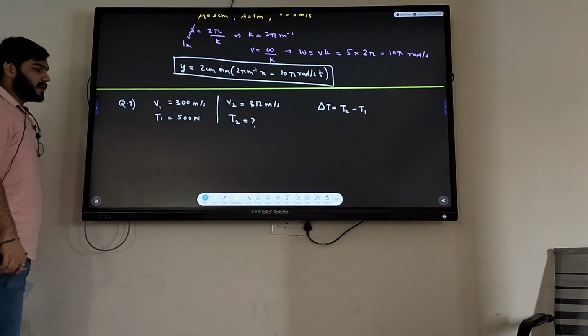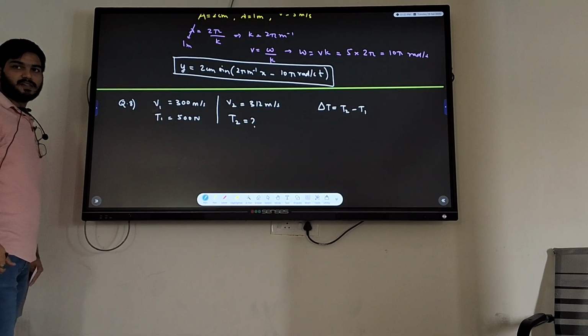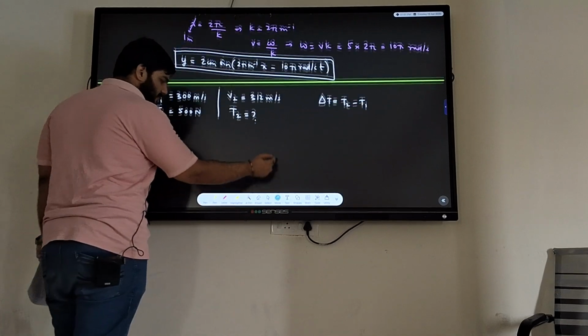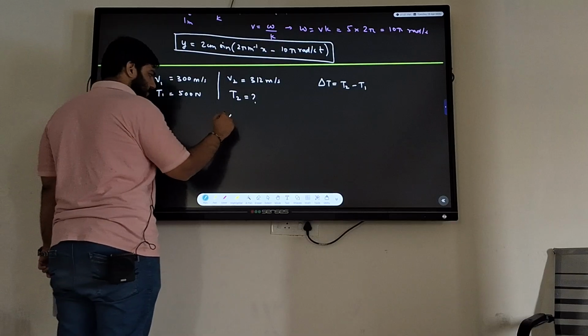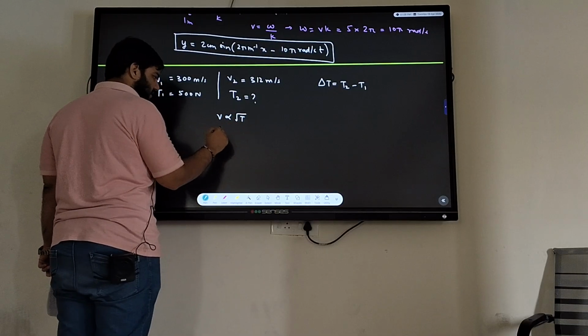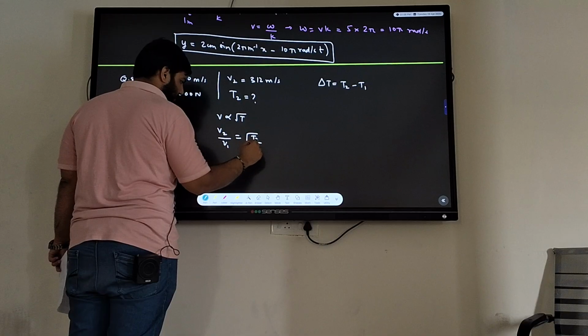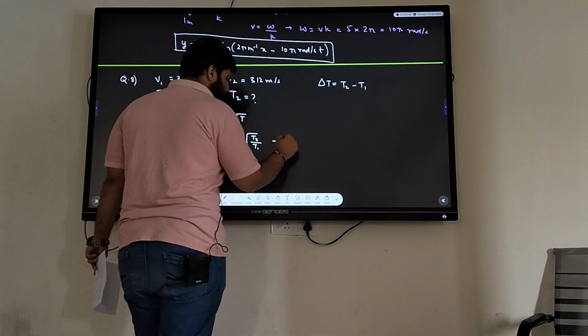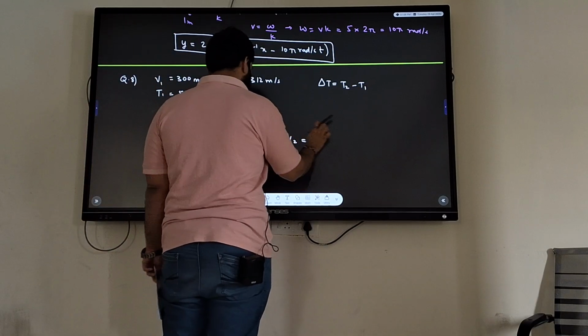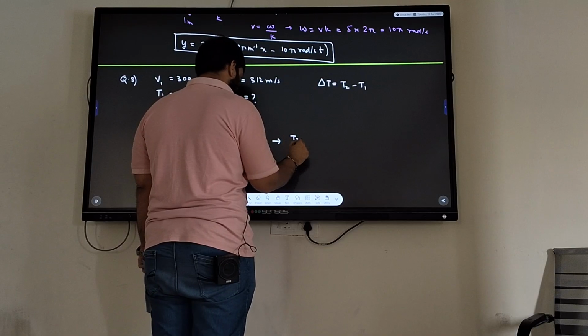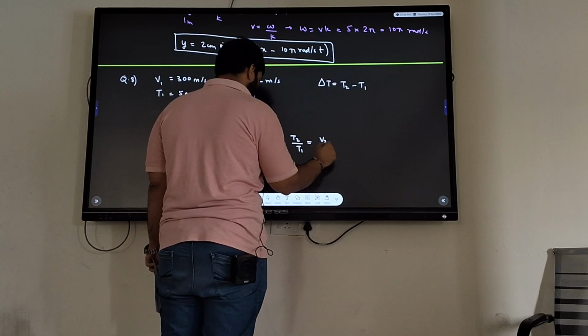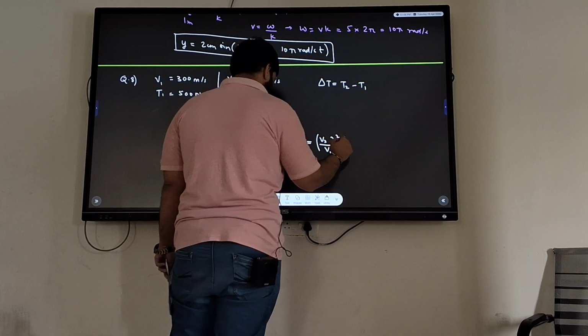So we already know how to relate tension and velocity now. By this proportionality, V2 by V1 is equal to under root T2 by T1. अच्छा, rather T2 निकालना. So T2 by T1 will be V2 by V1 the whole square.